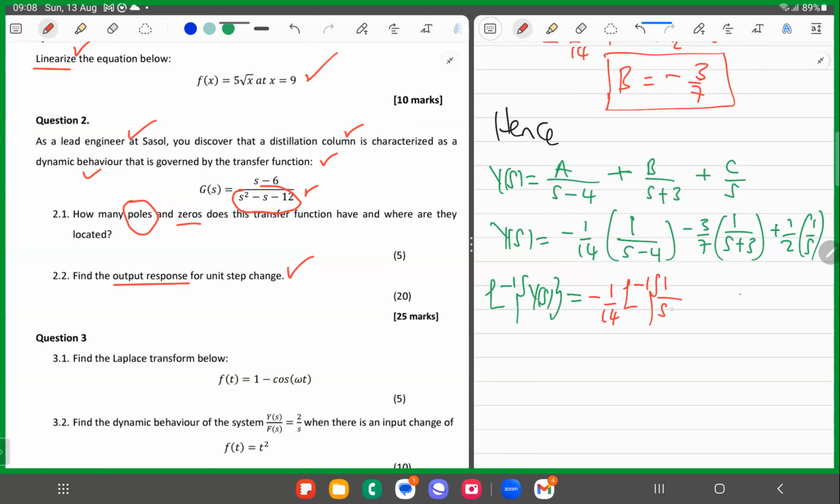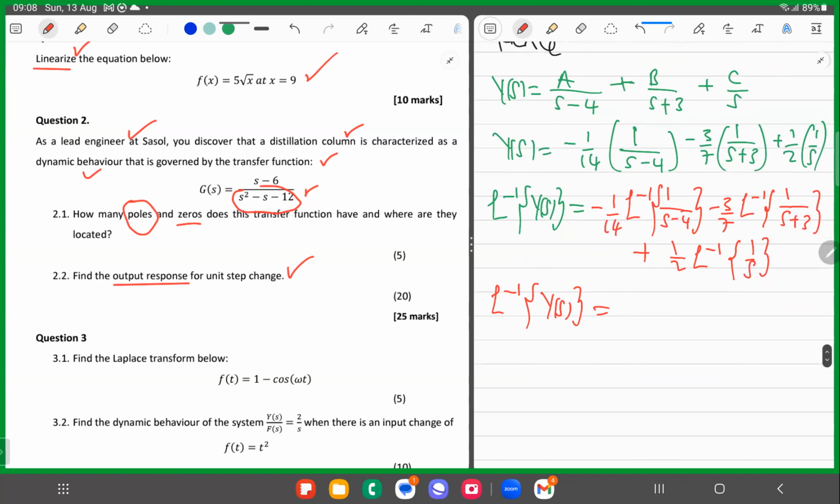Now you take the inverse Laplace transform. So you have this, and then you have minus 3 over 7. You take the inverse Laplace transform of 1 over s plus 3. Okay, what is the inverse Laplace transform of 1 over s minus 4?